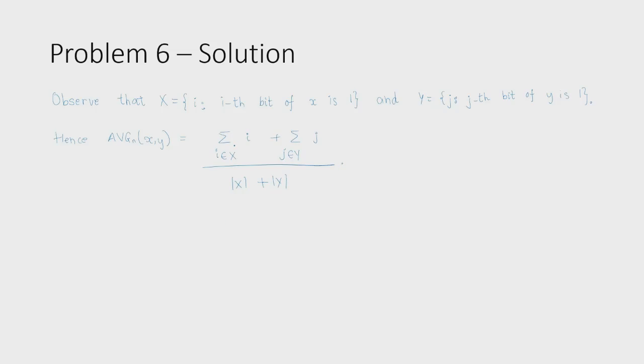Is this clear? Why? Because this is the sum of all elements in x. This is the sum of all elements in y. So this is the sum. And this is the size of the multiset, right? So we are dividing the sum by the size of the multiset. That's exactly the average. Okay. So here's the total.